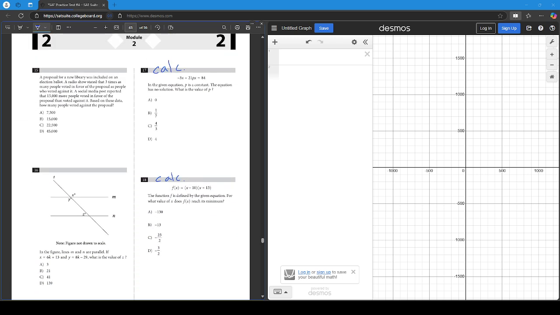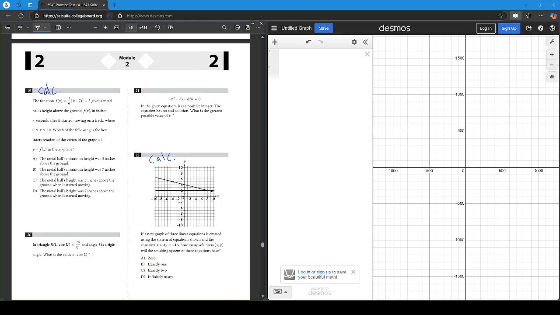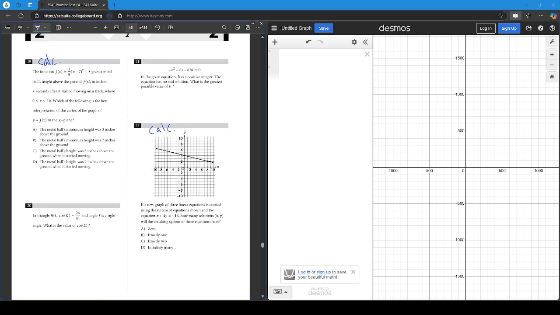Page 43, questions 17 and 18, you can use the calculator. Page 44, question number 19 and question number 22. The calculator will help you with both of those.